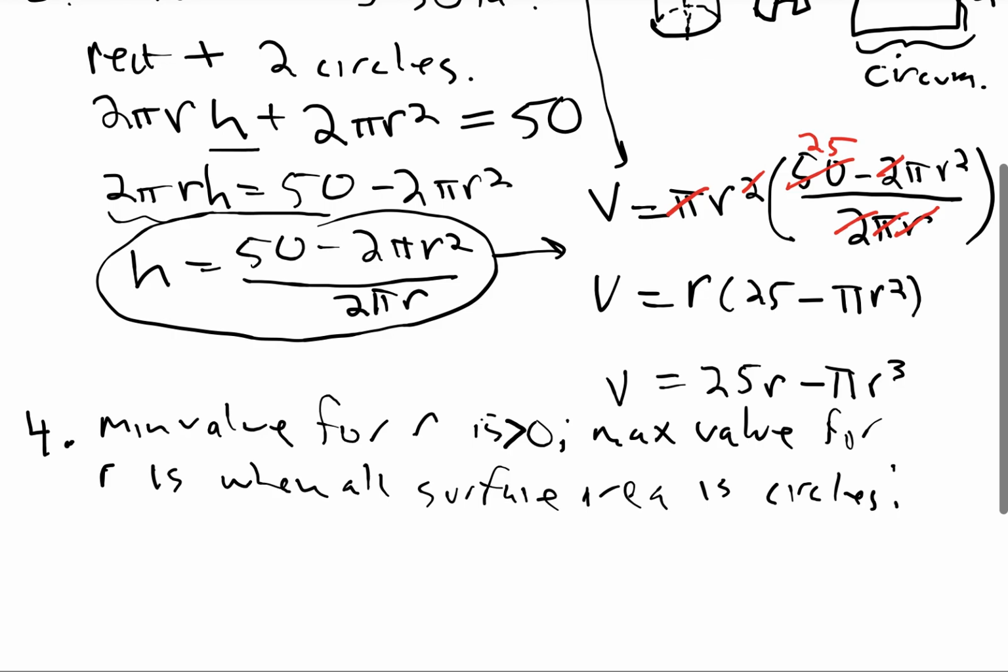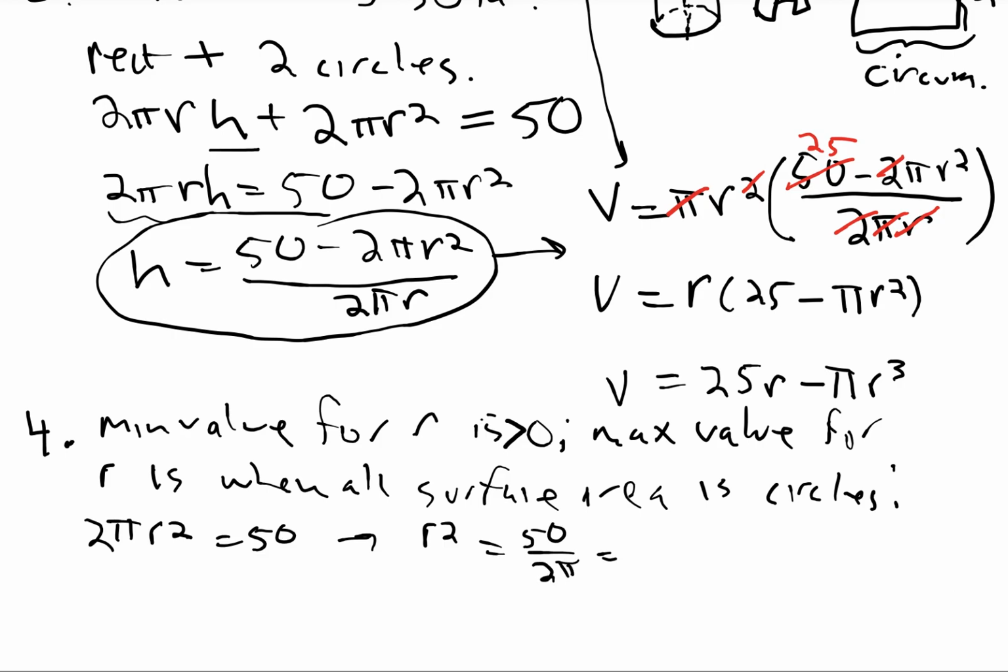So I'm basically saying when pi times R squared times 2 comes out to 50, this is going to suggest that R squared has to be 50 over 2 pi, or 25 over pi, and your maximum value for R comes from the solution to this, which is plus or minus root 25 over pi, or plus or minus 5 over root pi.